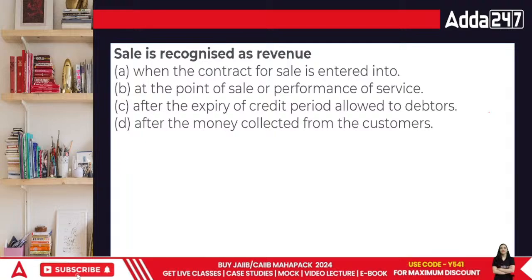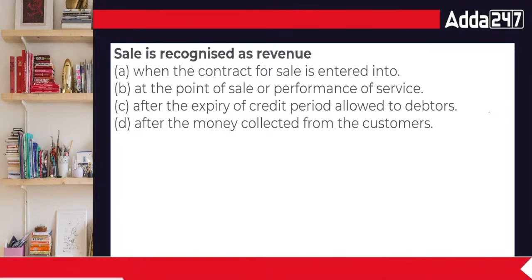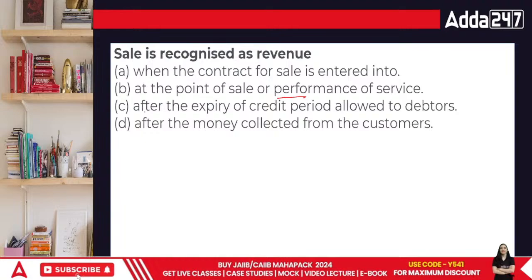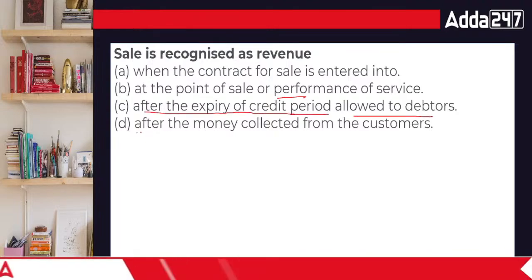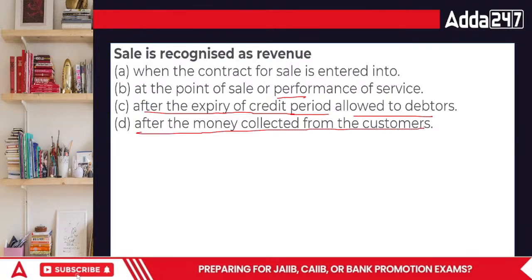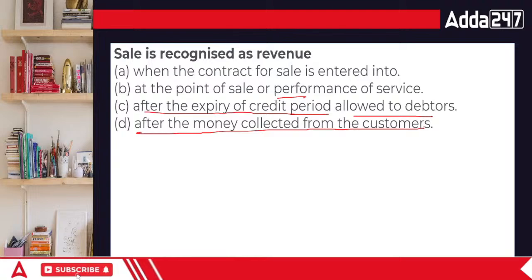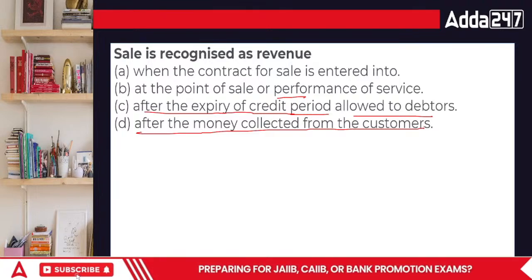Done? Here comes the question, everyone. Sale is recognized as revenue when the contract of the sale is entered into, at the point of sale or performance of service, after the expiry of credit period allowed to the debtors, or after the money is collected from the customers. When we talk about revenue, revenue is basically the amount that is certain, that we will be receiving this money, for sure.